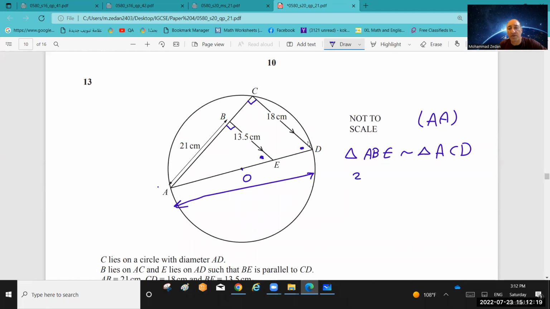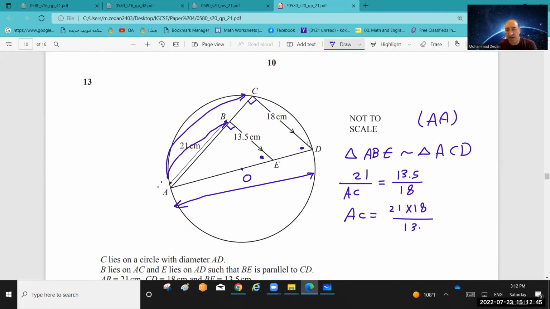So 21 over AC is the same as 13.5 over 18. By cross multiplication, AC equals 21 times 18 over 13.5, which gives you 28 centimeters.